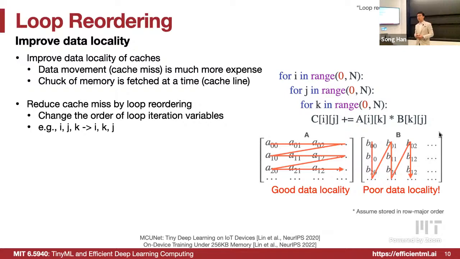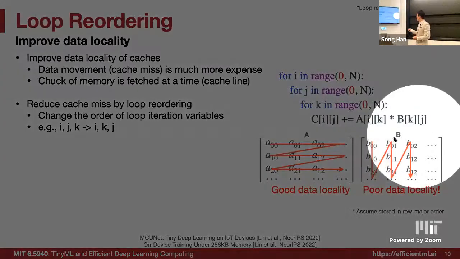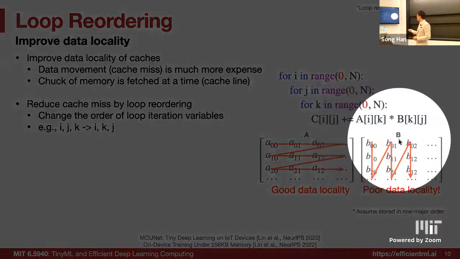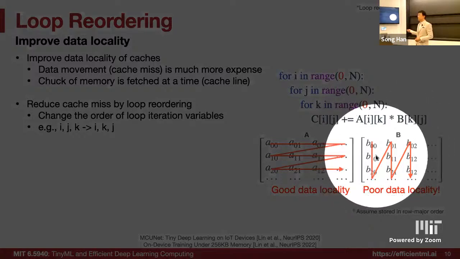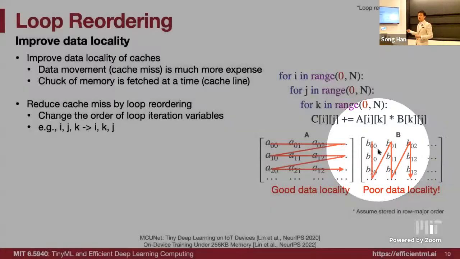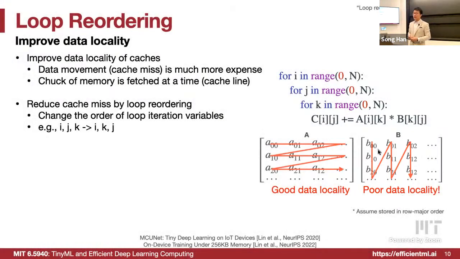So we'll not go deeper into what the cache line is, assuming you already have that background. So it will bring in B00, B01, B02 in the cache line. But B10 will not be in the cache line of B00. So it has very poor data locality for the B matrix.